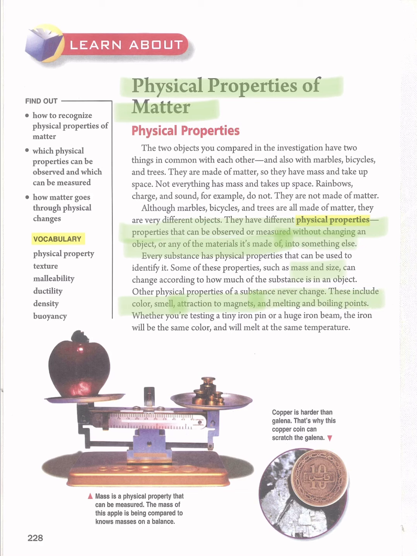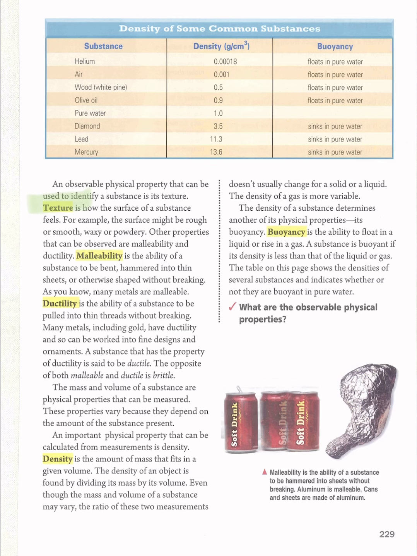You have to know that those physical properties never change. Here we have some more properties. Texture means when you touch the matter, if it is smooth or rough. Those are physical properties.